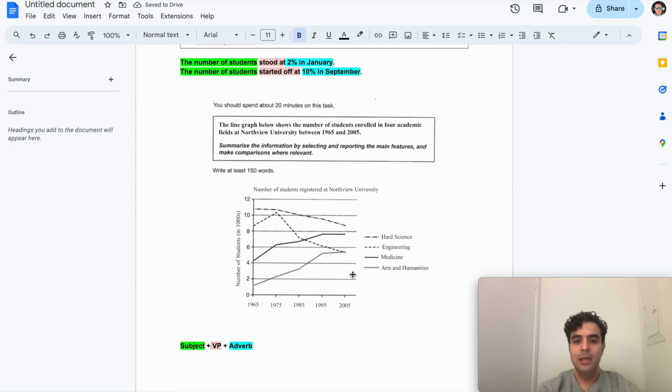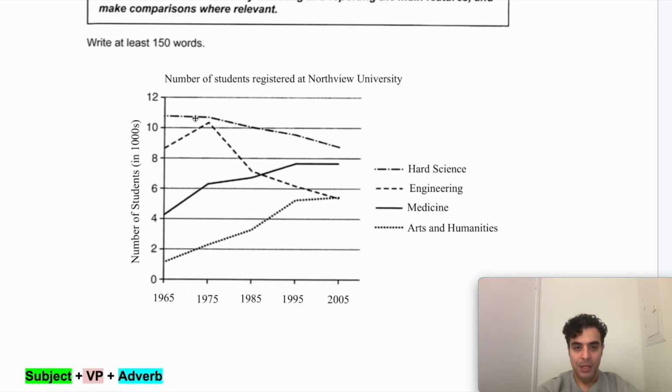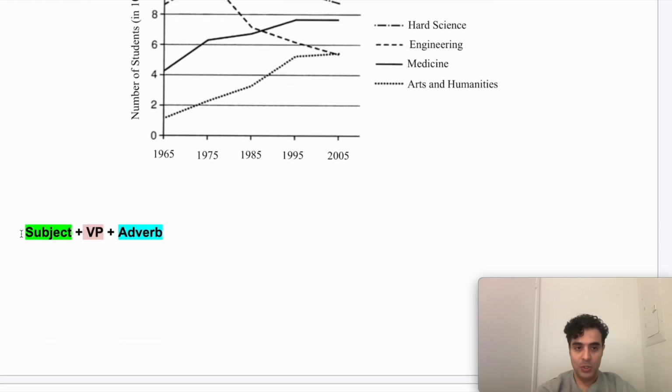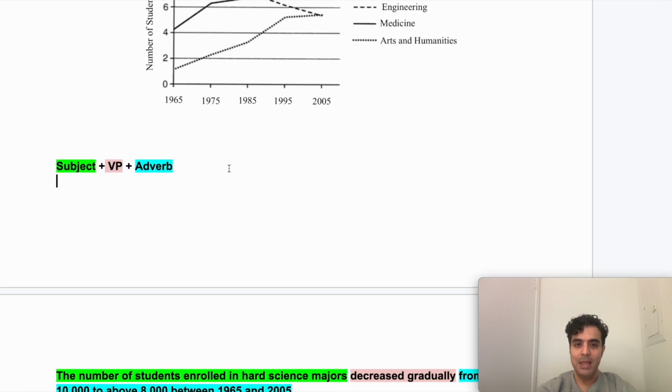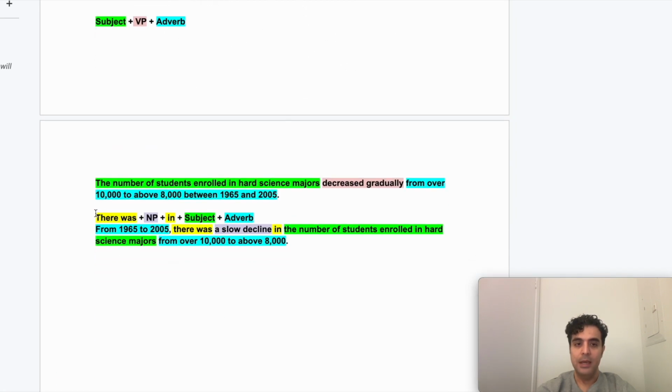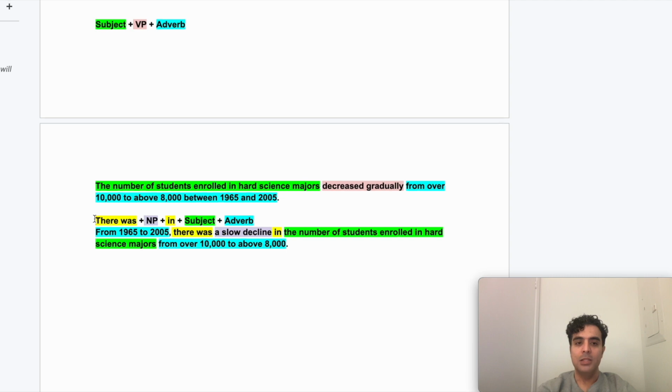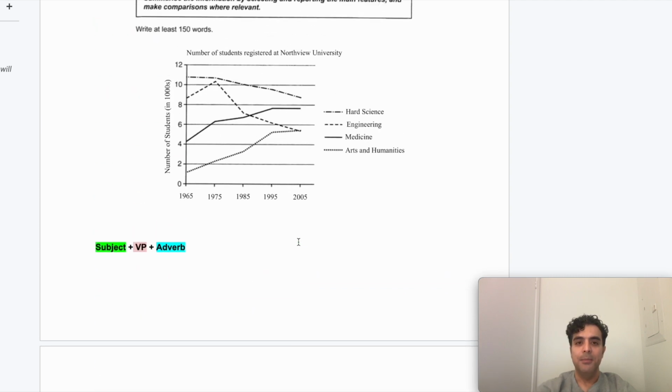So what I just did is I described this line using two structures. First, the subject verb adverb structure, and then next using the noun phrase structure that you could see here.